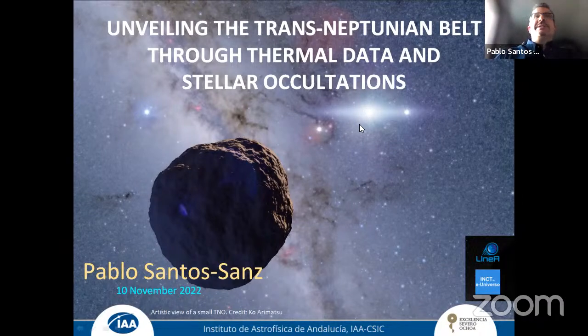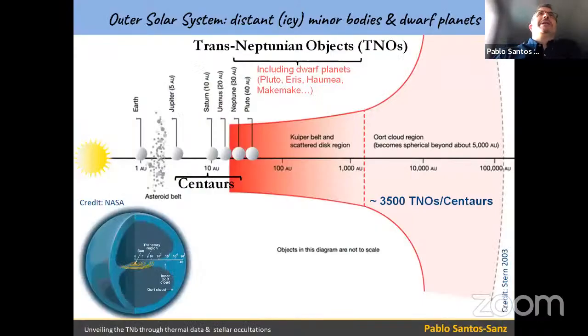I want to start by talking about where the objects in which I'm interested are. These are the trans-Neptunian objects, or TNOs. As Tasia said, they are objects that have a semi-major axis larger than the semi-major axis of Neptune's orbit, and include also dwarf planets like Pluto, Eris, Haumea, Makemake, and other dwarf planets that are not currently classified as such, but they are because of their size and because of the hydrostatic equilibrium.